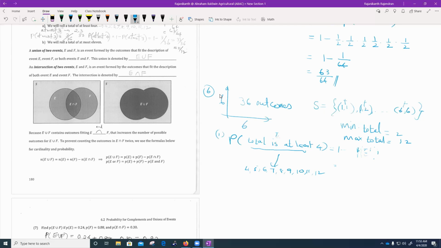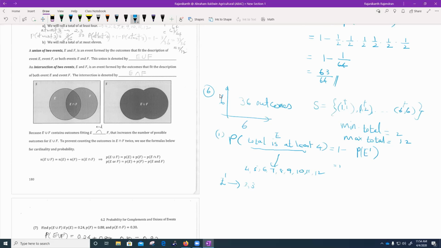If my E has this kind of numbers, then what does my E prime have? Remember, in all the possibilities I have the total 2 to 12, but here I have 4 to 12. Therefore, the possible values for E prime are whatever is left over from the numbers 2 to 12. So obviously 2 and 3 are remaining. Therefore, the possible values for E prime are 2 and 3.